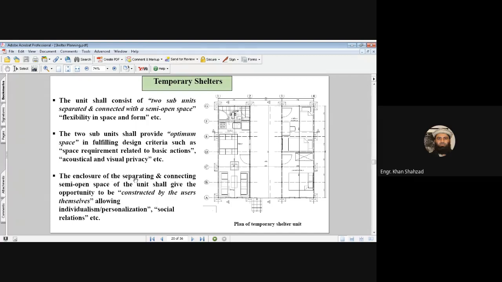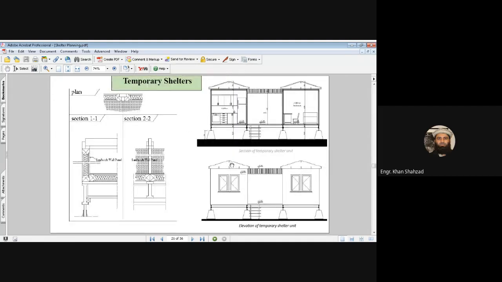The enclosure of the separating and connecting semi-open space of the unit shall give the opportunity to be constructed by the users themselves, allowing individualism, personalization, social relations, etc. So the space between these two units, the people who are living in these units, they can utilize this space and they can make some sitting area for themselves, and they can have social relationships with each other, like the people living in one unit and the other units, they can have proper connections with each other.